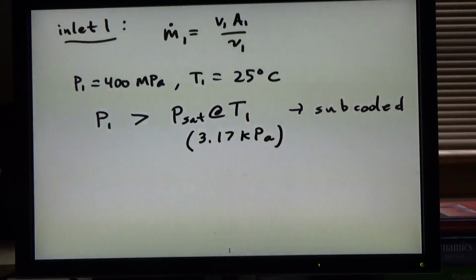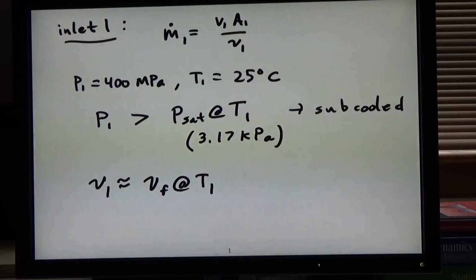So really our best choice, since we can't use the table value at all, is to just use our incompressible liquid approximation for the subcooled phase and say that the specific volume v1 is approximately equal to v_f at our given T1.